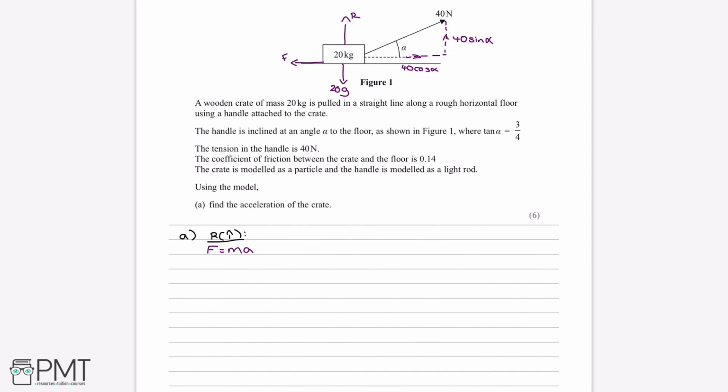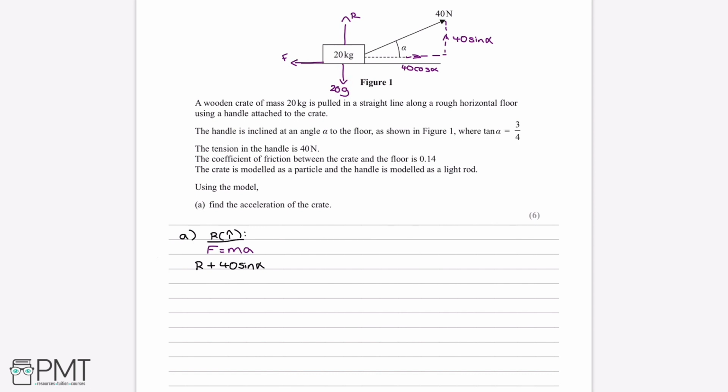So we know that acting in this positive direction is R plus 40 sine alpha. However, we also have a force that's acting against this, and we could say this is in the negative direction if we're resolving upwards, and that's this 20g, the weight of the crate.